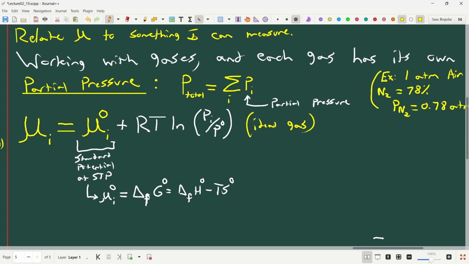Okay, so what I can do now is plug this equation into my expression for the Gibbs energy as a function of the chemical potentials.